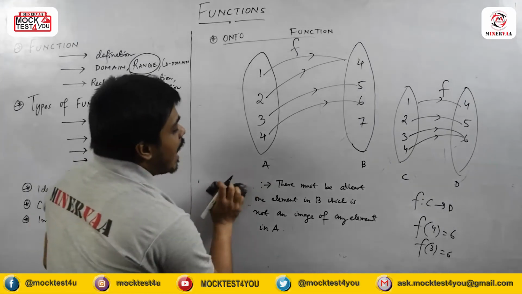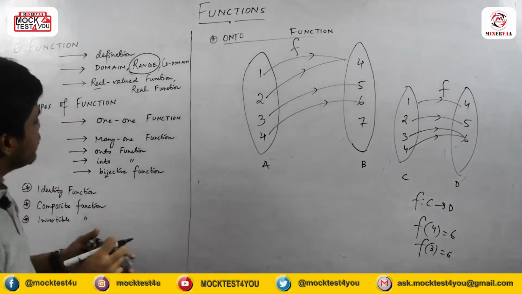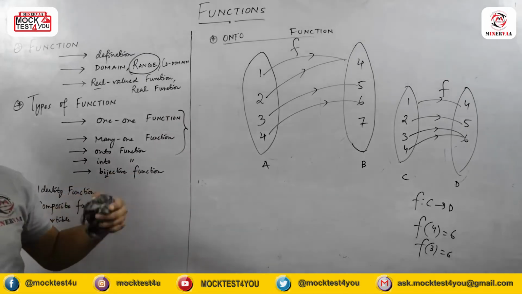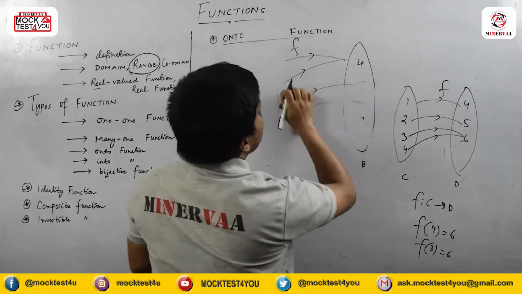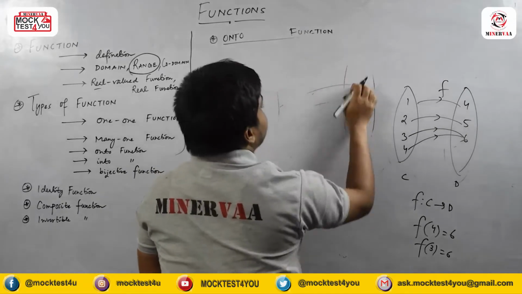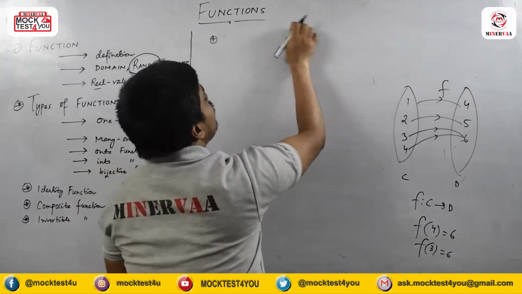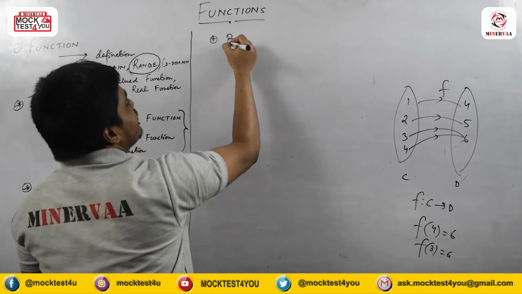Okay. Now this whole four-part is clear. Now the last one, what is bijective function? Bi means two. Functions which are one-one and onto both are known as bijective function.